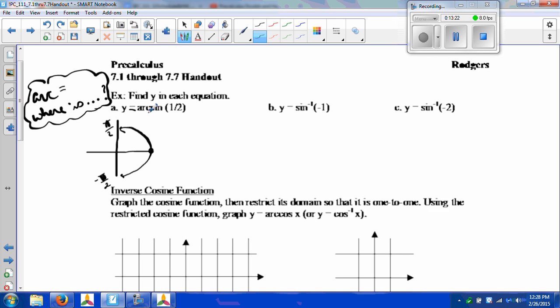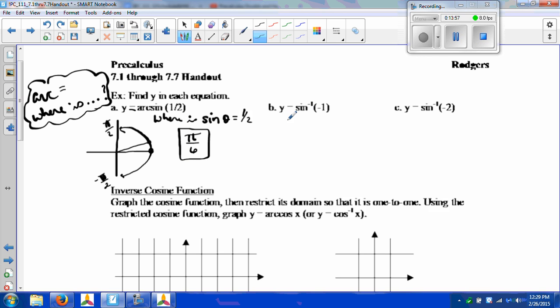So where is sine of theta equal to 1/2 within the restricted domain of sine, or in other words, the restricted range of arc sine? Okay, so where is sine 1/2? Well, that would be the shorter one, the one closer to the x-axis. So that is going to be pi over 6.